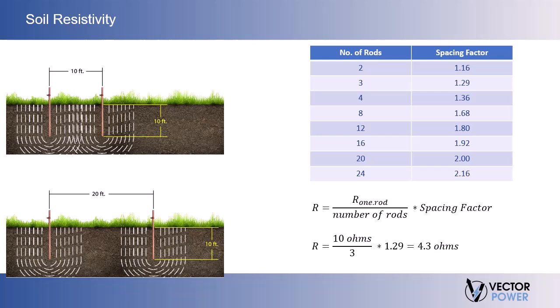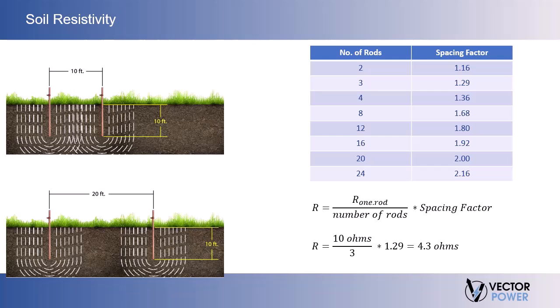If we use 3 10-foot rods in parallel instead of one 30-foot rod, we would expect each rod to contribute 1.29 times the theoretical value. Stated another way, if we divide the 10 ohms needed by 3 to find the expected value of each rod, we get 3.33 ohms.